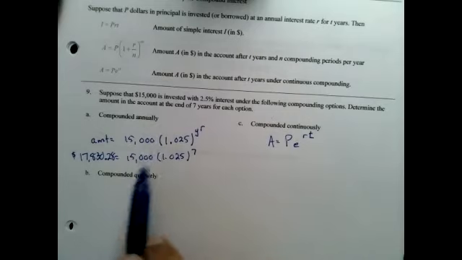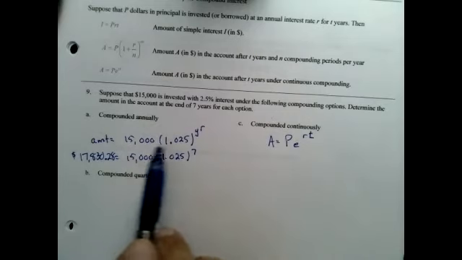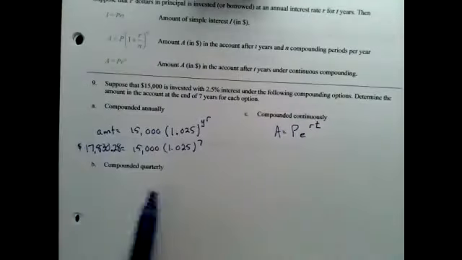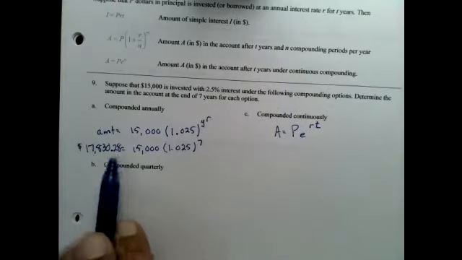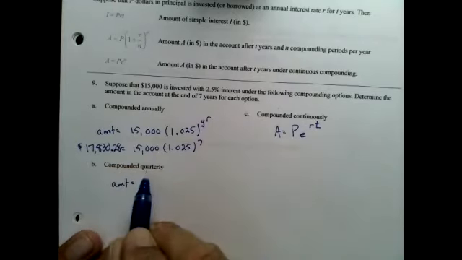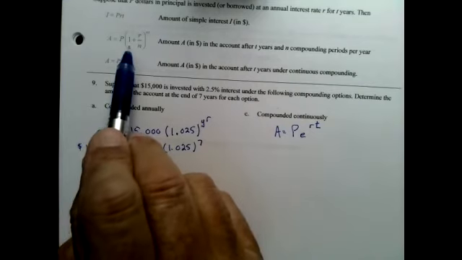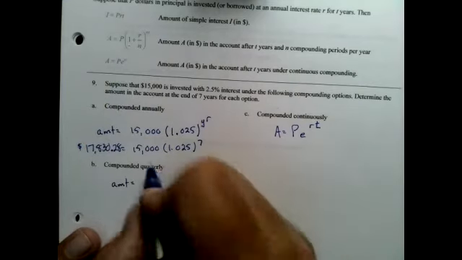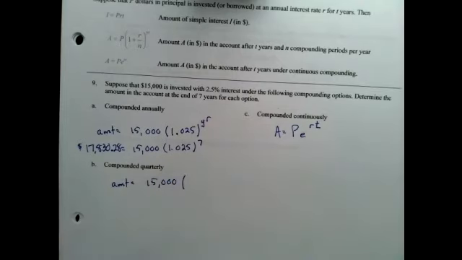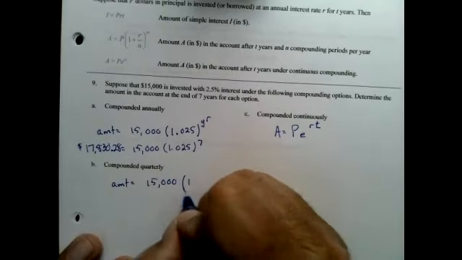That comes from something similar to here, but really we should do B first. Let's do B, okay? So if I do B, my amount, and this guy is compounded quarterly, which is the second formula. Okay, let's see how it works. 15,000, and then in the parentheses, I have the 1 plus.